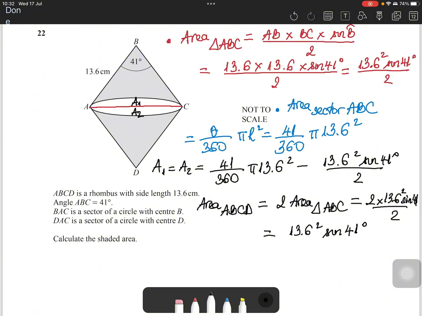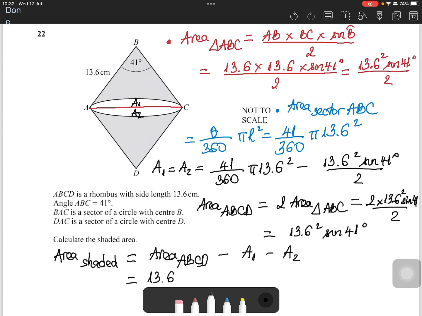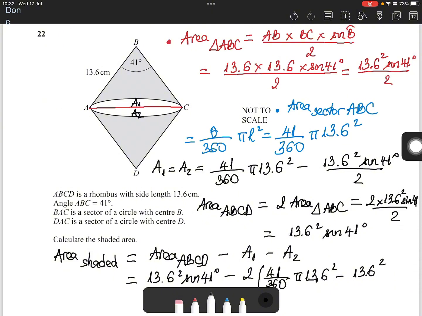Finally, to get the area of the shaded part, it is equal to the area of ABCD minus A1 and A2, which means 13.6 squared sin 41 degrees minus, since A1 and A2 are the same, we can multiply them by 2, which is 41 over 360 pi 13.6 squared minus 13.6 squared sin 41 degrees over 2.